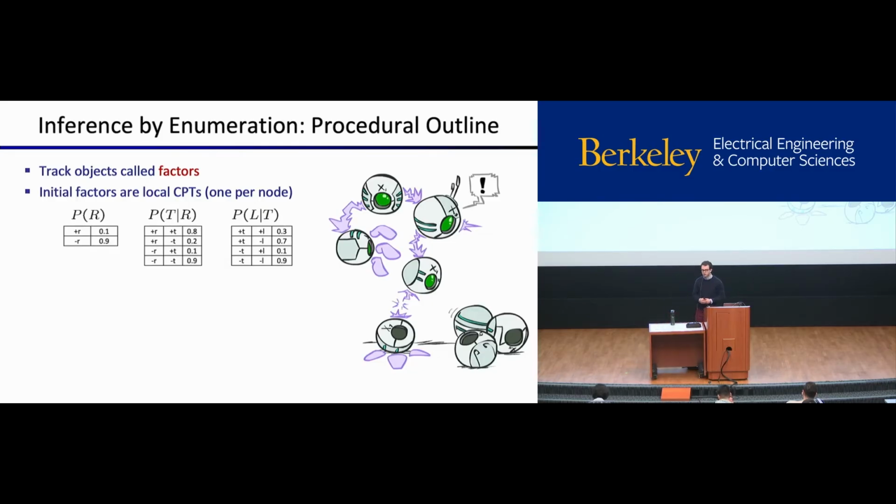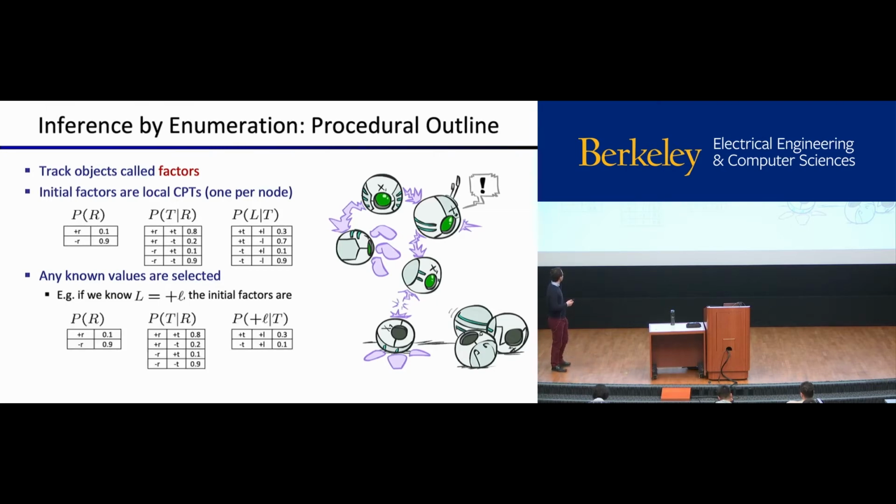We start by saying any known values, like if we know that we're late, we can just select those rows from the tables and not worry about the other rows, okay? So if we know what the initial factors are, then if we know what the evidence is for a particular variable, we're going to set these tables and throw out all the rows that we don't care about.